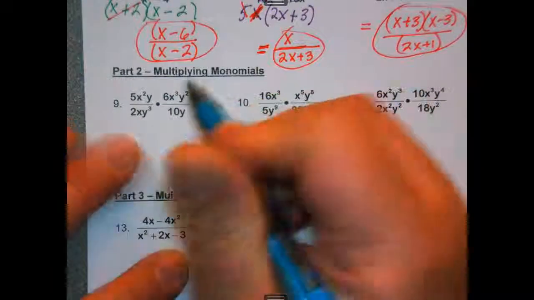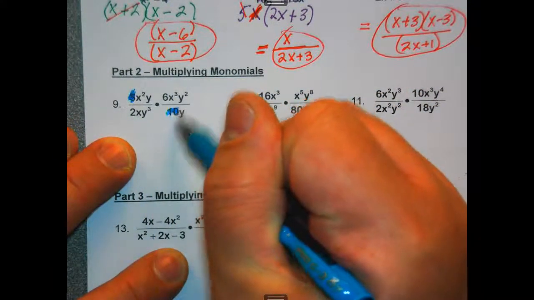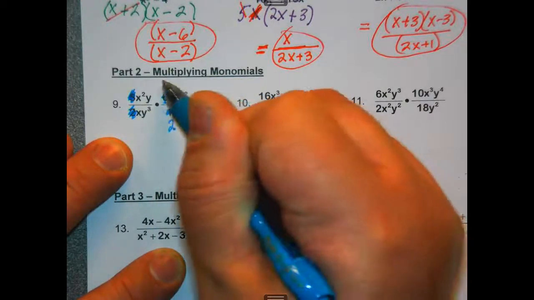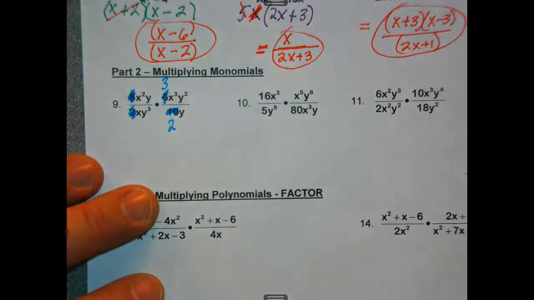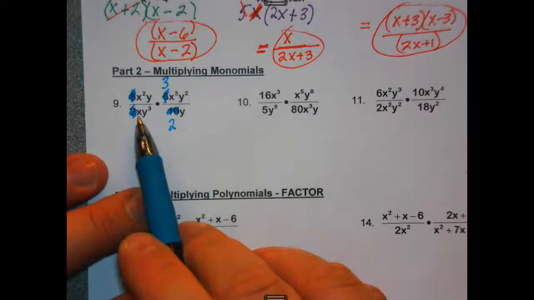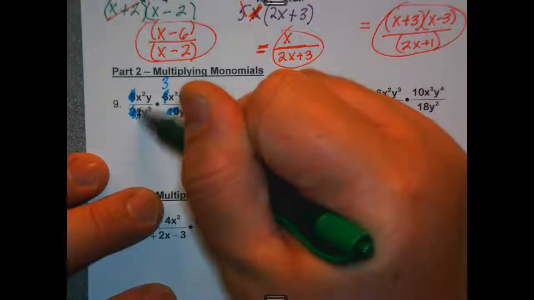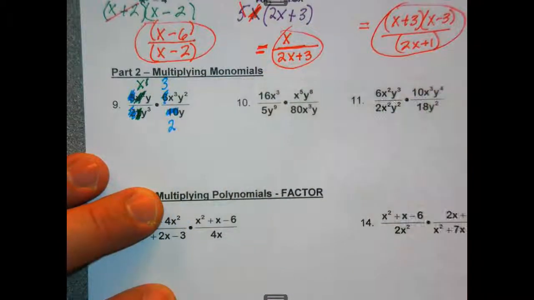Let's start with the numbers. 5 goes into 10 how many times? Twice. 2 goes into 6 how many times? 3. I have how many x's here? 1. So I'm going to take out one of the x's on top, which gives me x to the first.